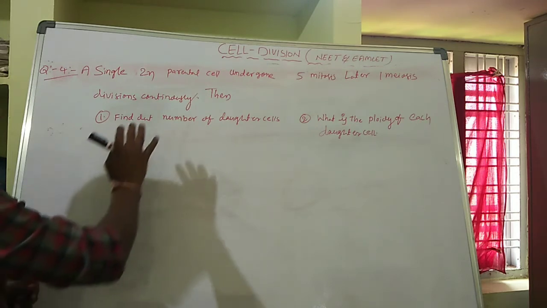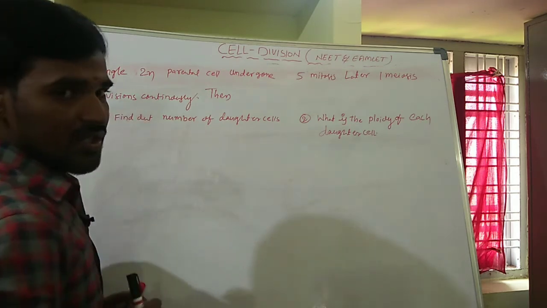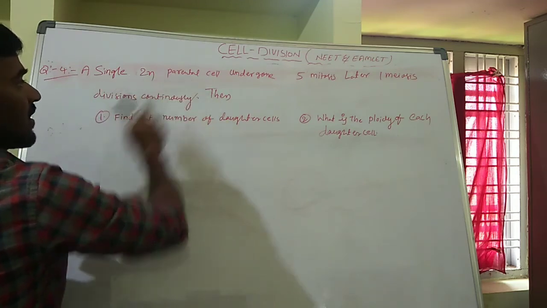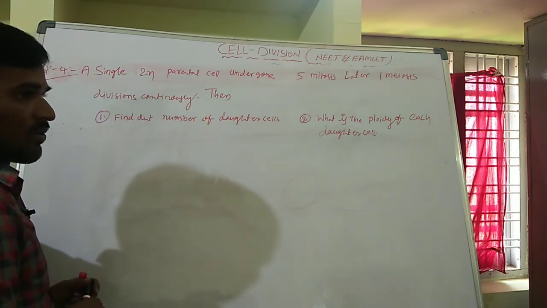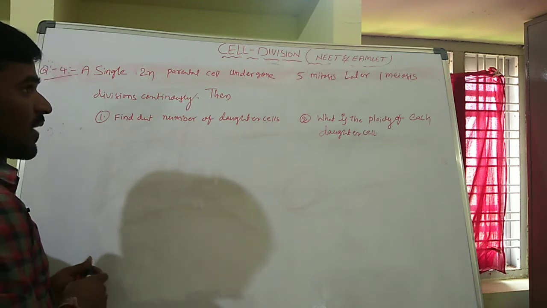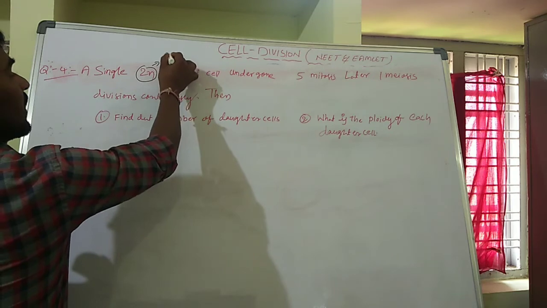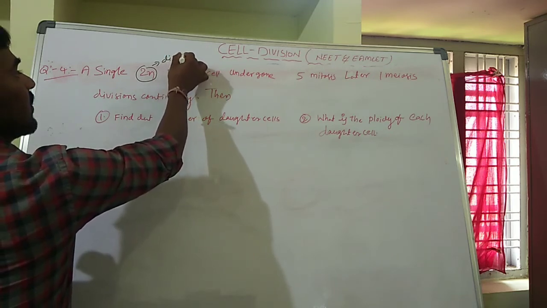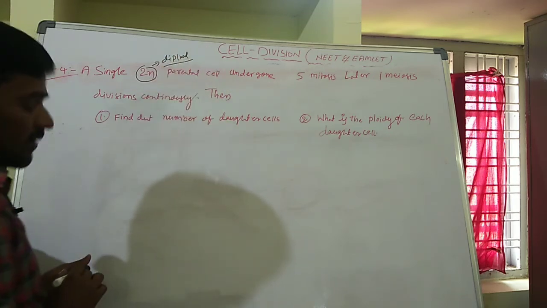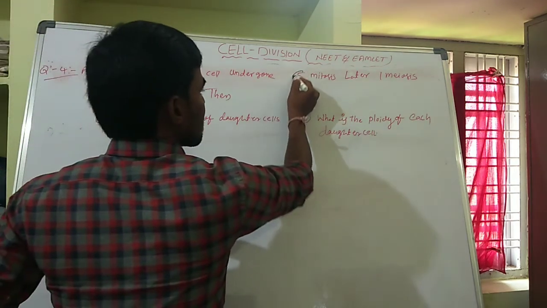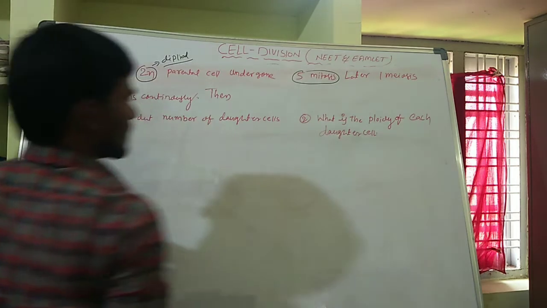Before this, first try to understand the question. A single diploid parental cell undergoes divisions. The cell is in which ploidy? The cell is diploid. This diploid parental cell undergoes how many mitosis divisions? Find the mitosis divisions.